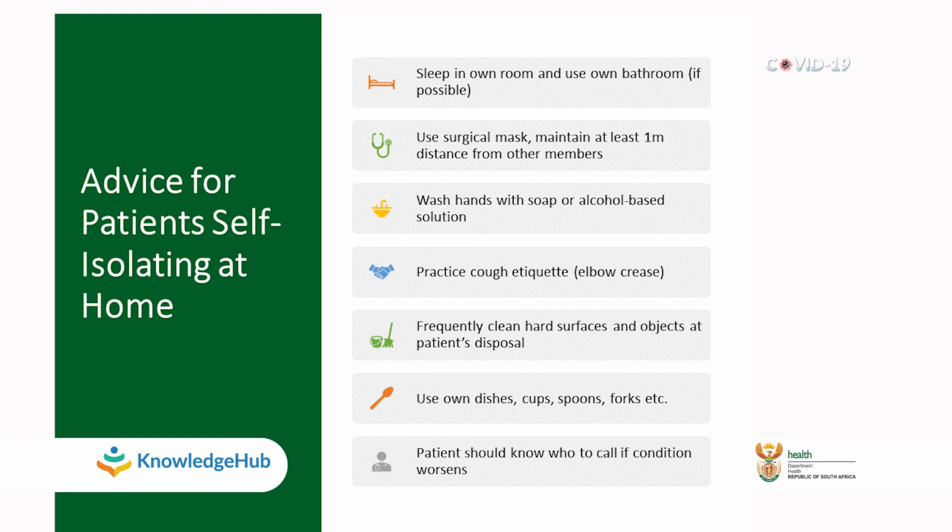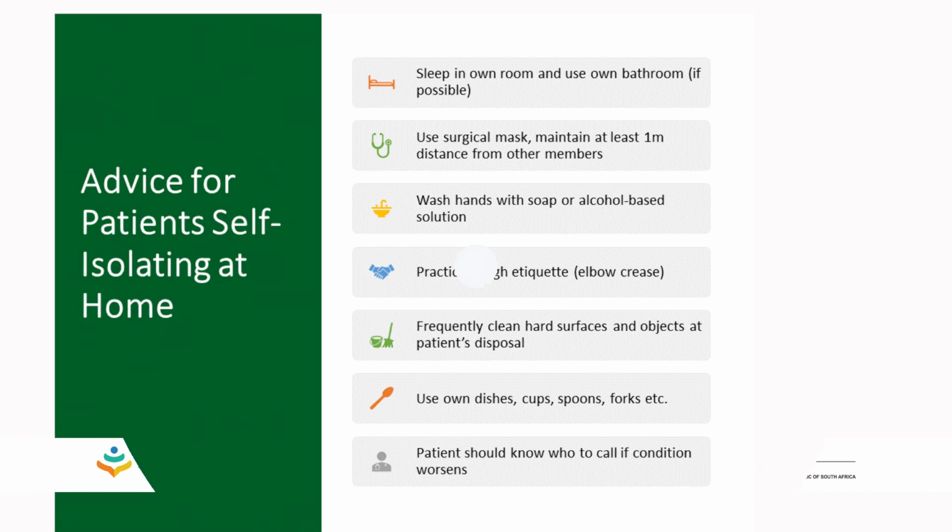So these are the things that you're going to tell these patients. But more important, if they worsen, they should come back. They should call the health facility. It is very important that the patient who is sent home because they only have mild symptoms get to know all this so that they know what to do if things get worse.